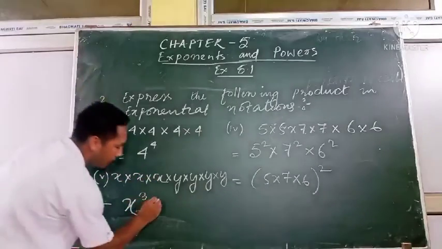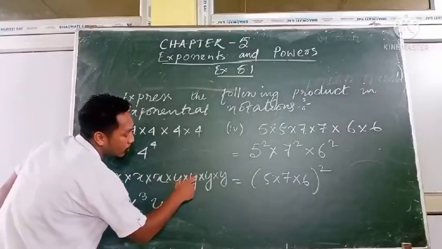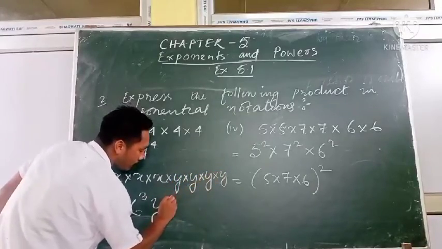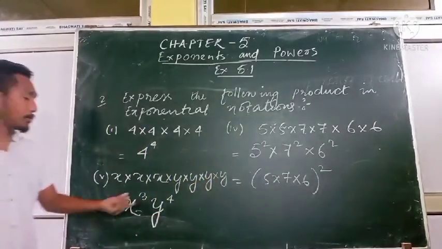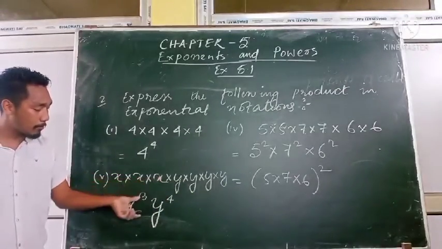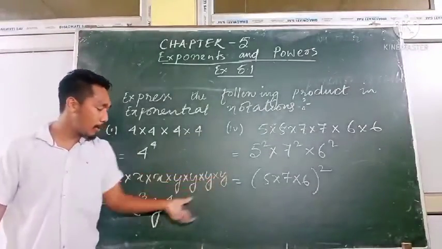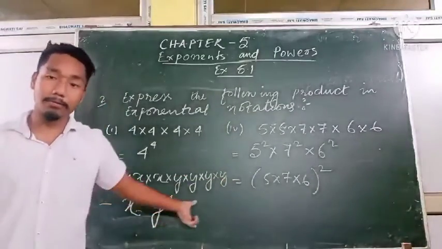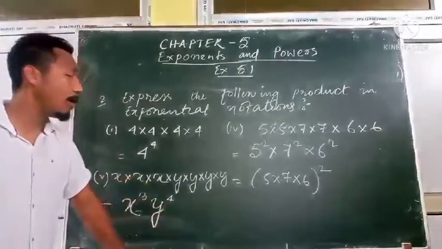Similarly y, how many do we have? 1, 2, 3, 4. 4 we are going to write. So this is your answer: x to the power 3, y to the power 4. 1, 2, 3, that is why 3. 1, 2, 3, 4, that is why y to the power 4.